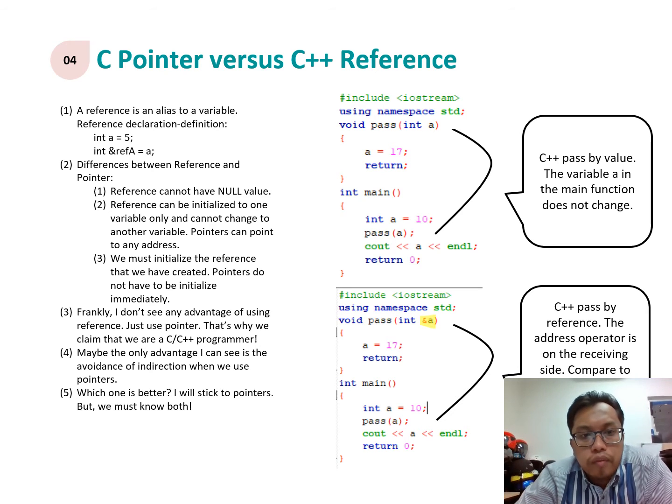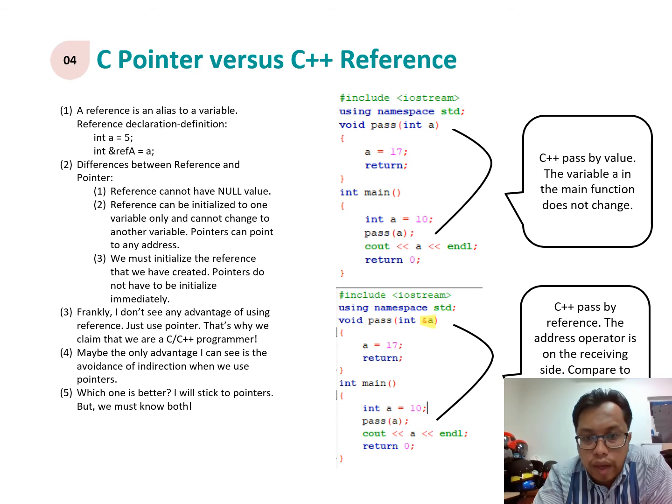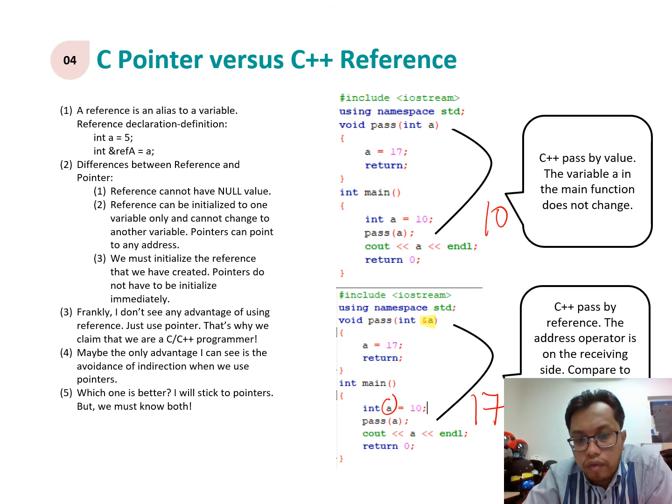Basically in this example it shows you 10, but it also shows you the output as 17. There is some alteration of the value of integer a. This is what I call the reference.